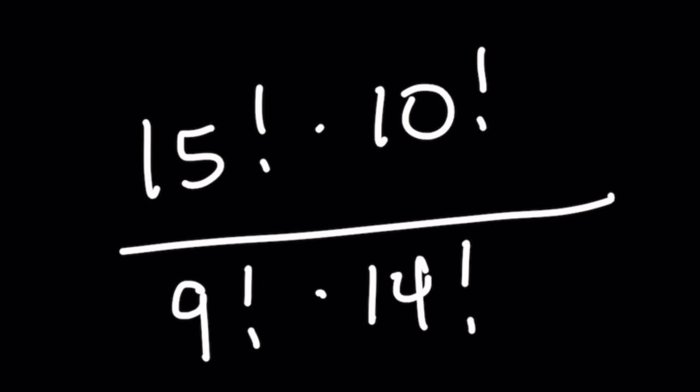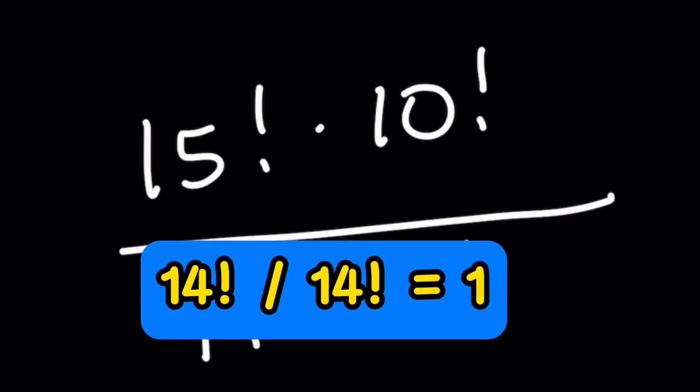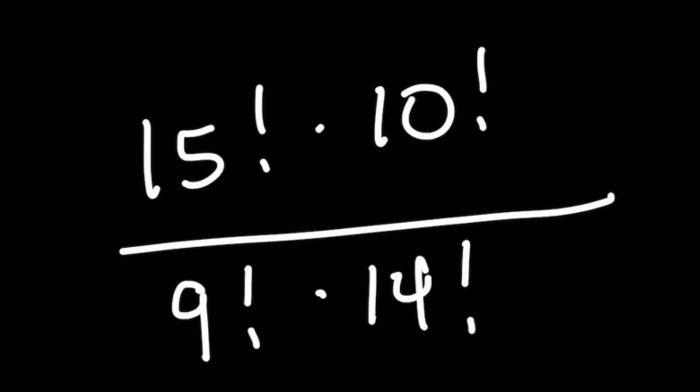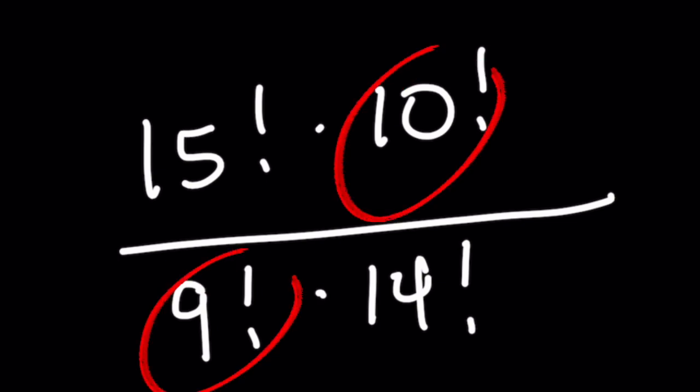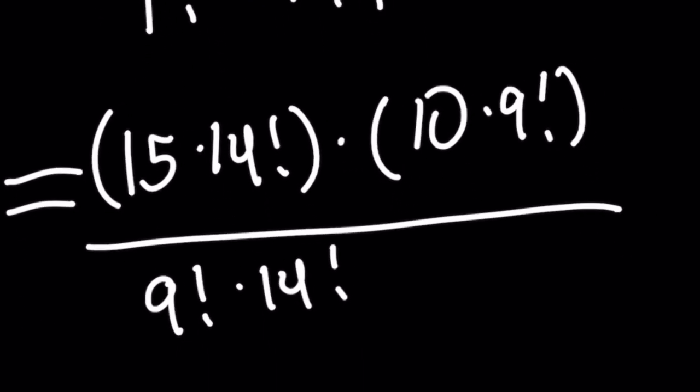And this is super awesome because that means we can cancel out the 14 factorial terms. So just like 15 factorial and 14 factorial have something in common here, similarly, the 10 factorial and 9 factorial terms have something else in common as well, which would be the 9 factorial part, because 10 factorial can be rewritten as 10 times 9 factorial.